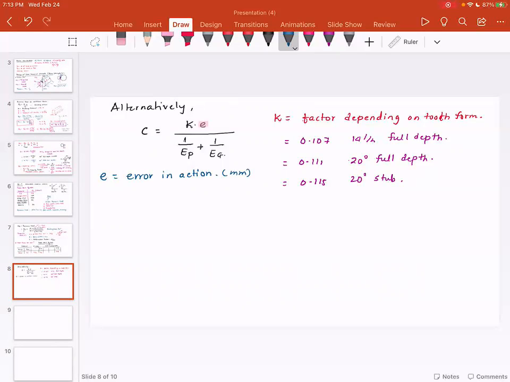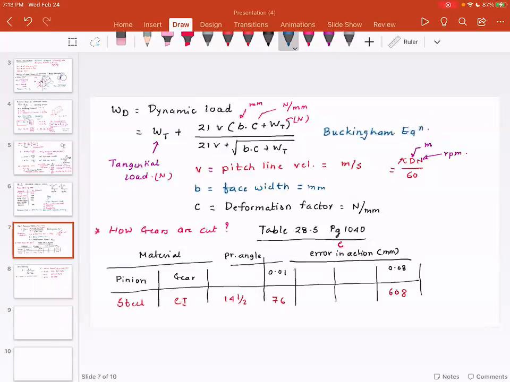If the gears are going to rotate slowly, if the speed is low, then you can allow the gears to have more error. It's not going to affect the performance very much, because if you look at the dynamic load, you have the velocity multiplying the deformation factor, which depends upon the error in action.